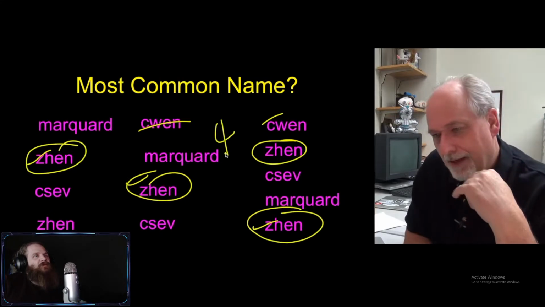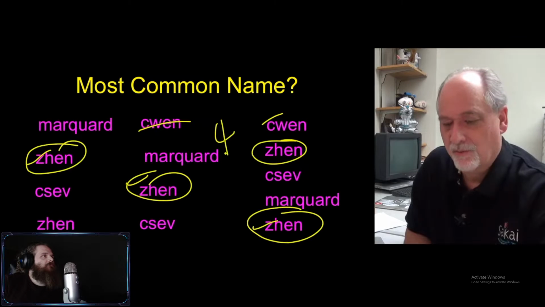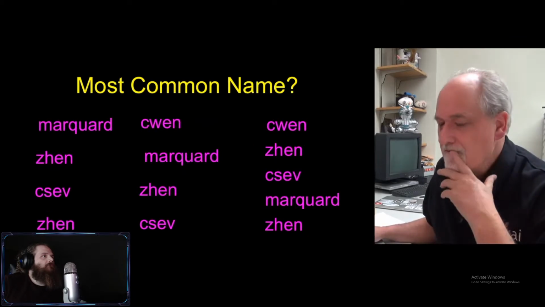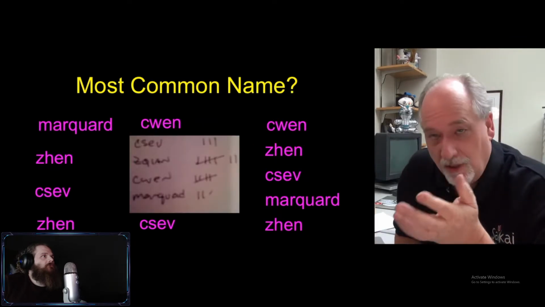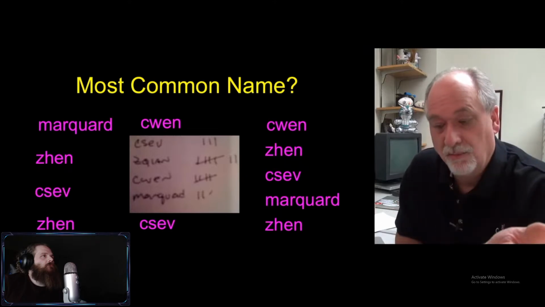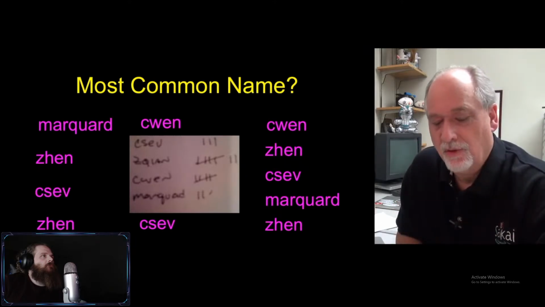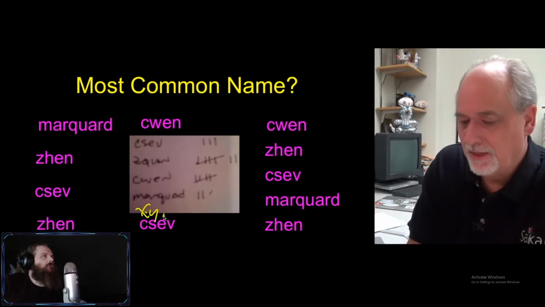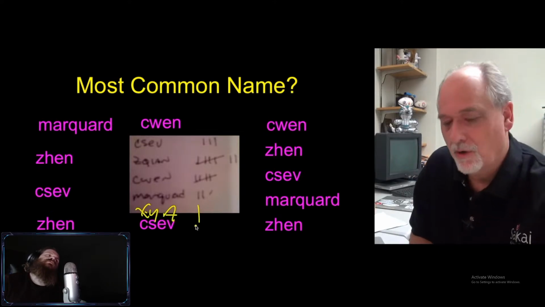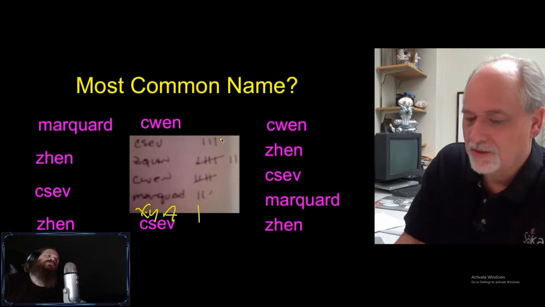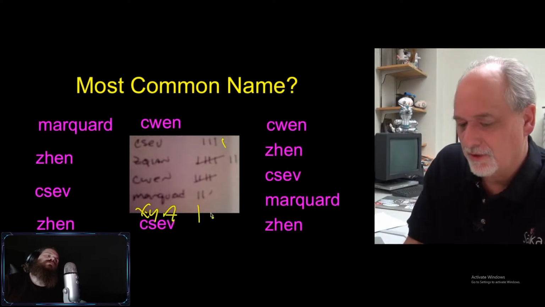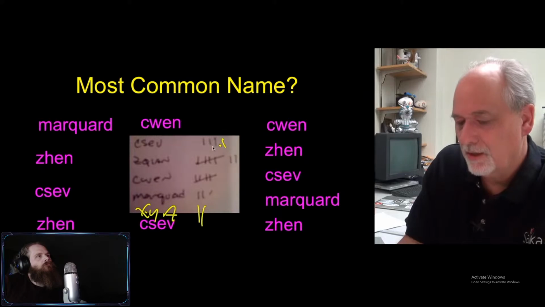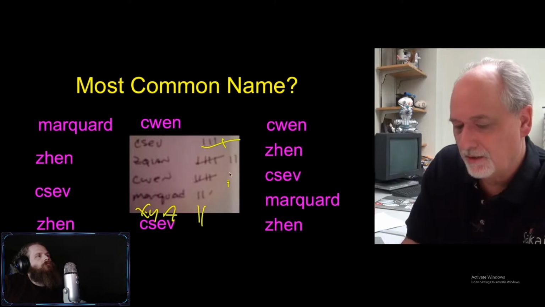Now, how did your brain think about this as we were going through them one at a time? Well, my guess is if you really had to do this a lot, you would make a little picture like this. And then what you would do is if you saw a new name, XYZ, you'd add it to the list and give it a tick mark of 1. And then if you saw C7 again, you'd give that a tick mark. And if you saw XYZ again, you'd make a tick mark. And then you'd keep adding to these tick marks, right?